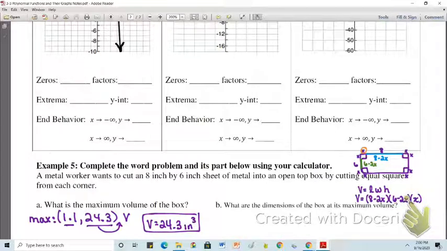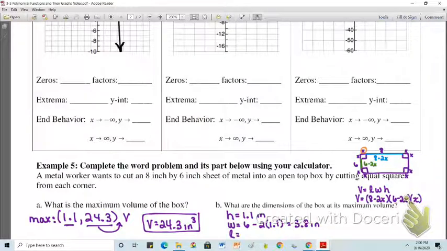Now, what are the dimensions of that box? So we're going to plug 1.1 in. So my height is just 1.1 because that was my x. My width, that's going to be 6 minus 2 times 1.1, which was 3.8 inches.